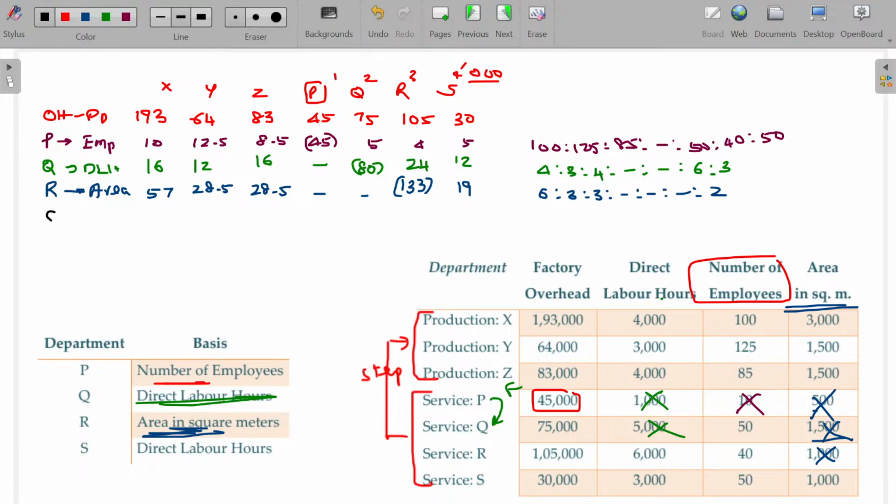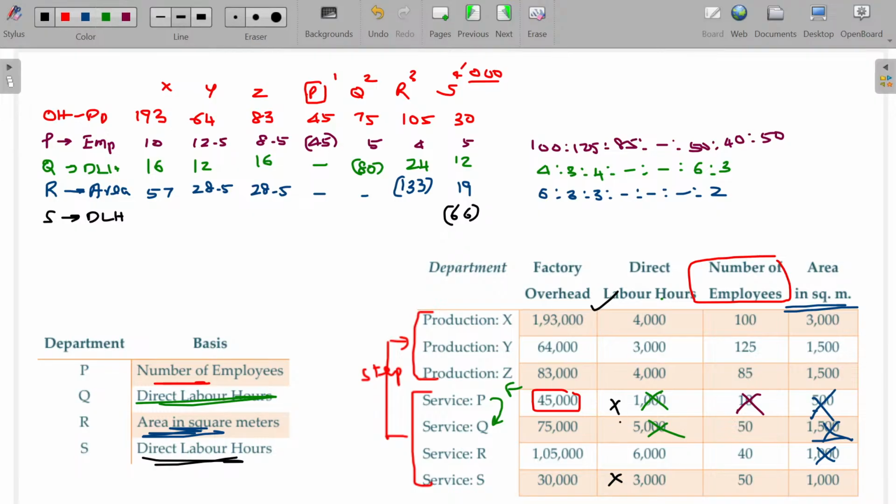Now the other departments using direct labor hour. The overall cost for S is 66, which should be distributed using direct labor hour. Its own will be eliminated, as well as the service departments from whom major support is received. S gets service from P, Q and R, which seems to be major. Service rendered by S to these departments seems insignificant.